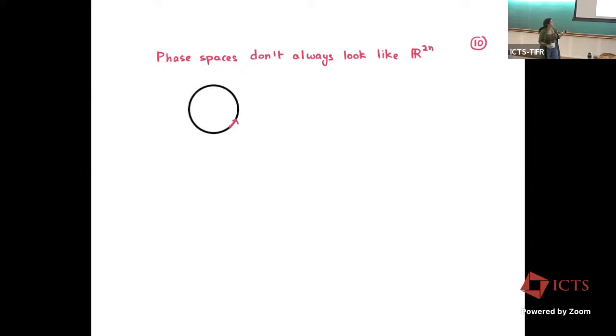But let's take examples. Suppose instead of on a line, your point is moving on a circle. Then your position is now some point on the circle. S^1 is the circle. But now the momentum is some speed, which is again just going to be a real number at each point, because it's just whether you're going left or right and how fast you're going.